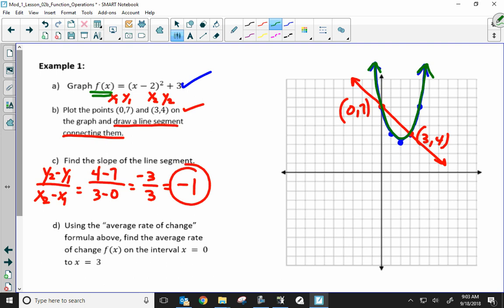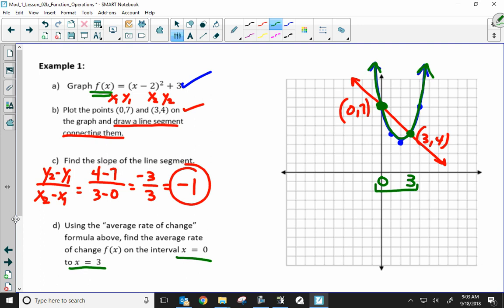From when x is 0 to x is 3. They want it from this point, when x is 0, to when x is 3, that's this point. So over this interval, they want the slope.